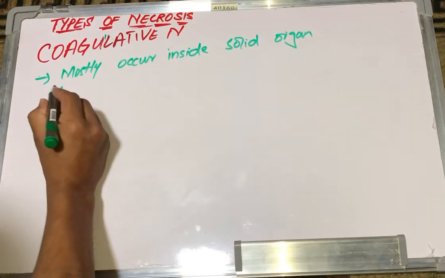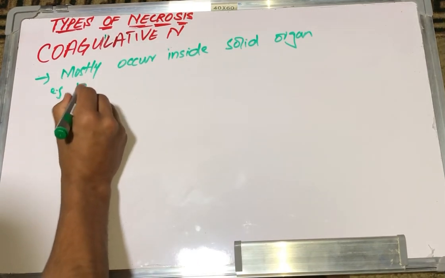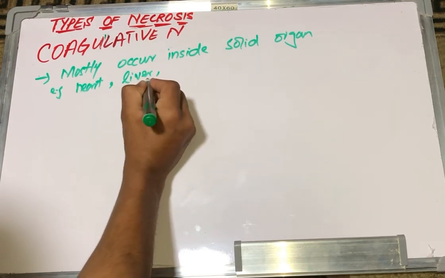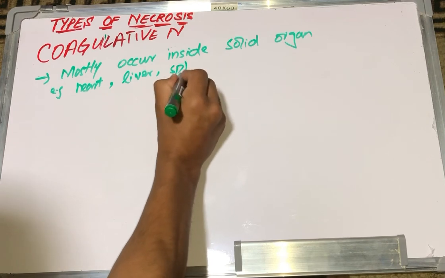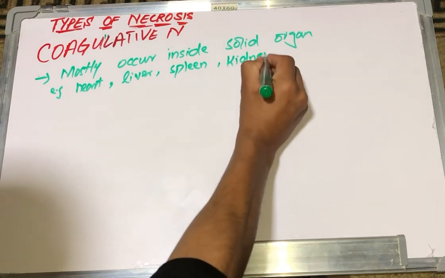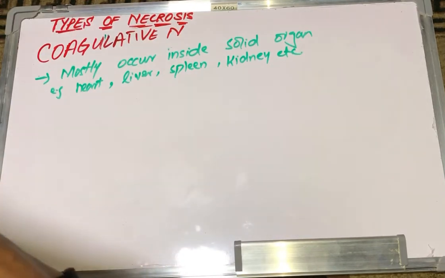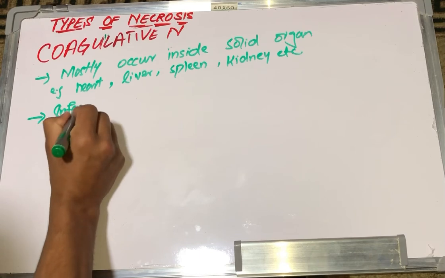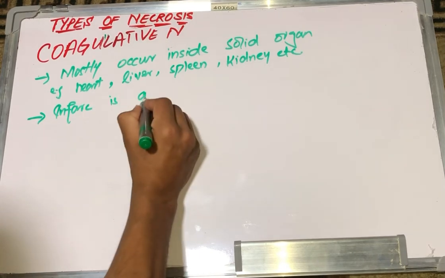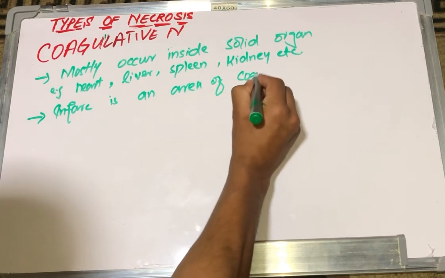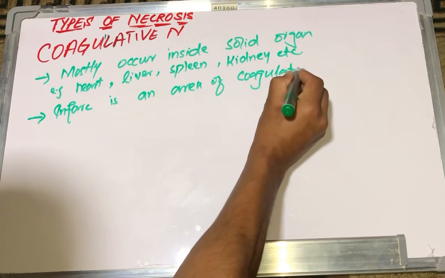For example, it may occur in the heart, liver, spleen, kidney, etc. These are the solid organs in which coagulative necrosis may occur. Infarct is an area of coagulative necrosis.